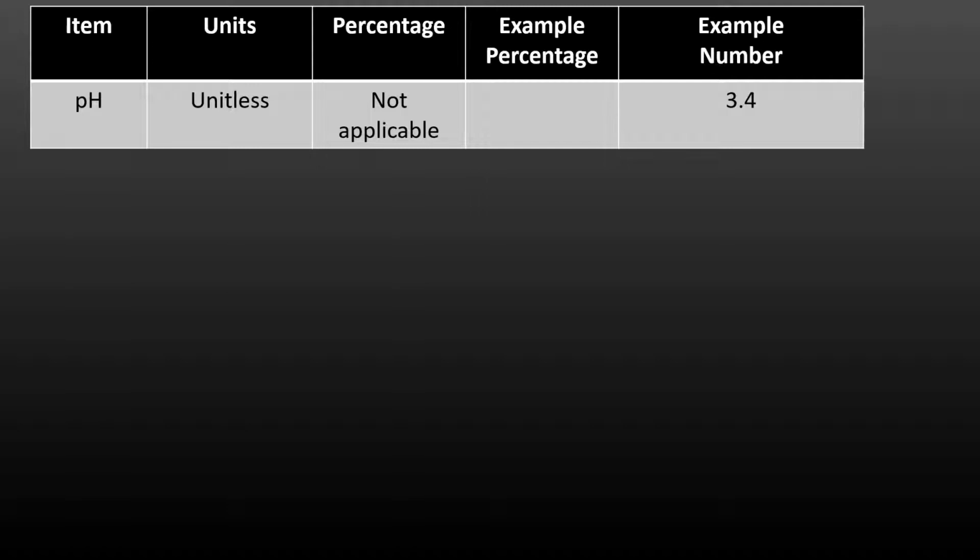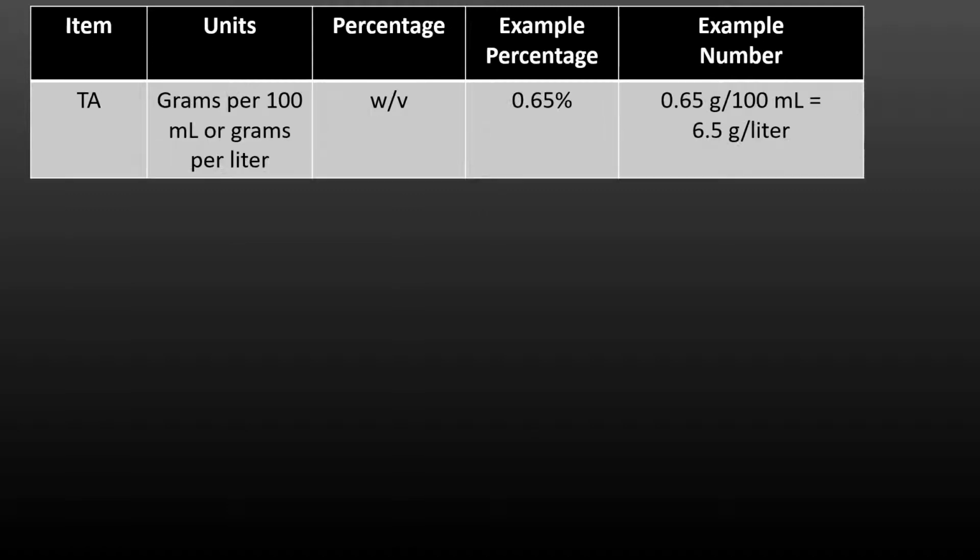So if you're within the range 3 to 4, you're probably in a good range. Red wines tend to be higher, white wines lower. We've talked about that separately. TA, or titratable acidity, we usually report in grams per 100 mils or grams per liter.